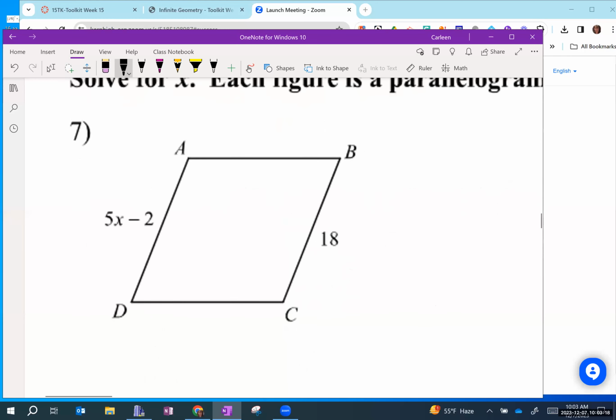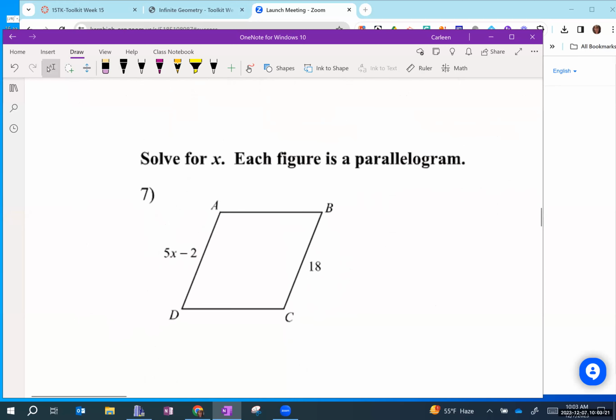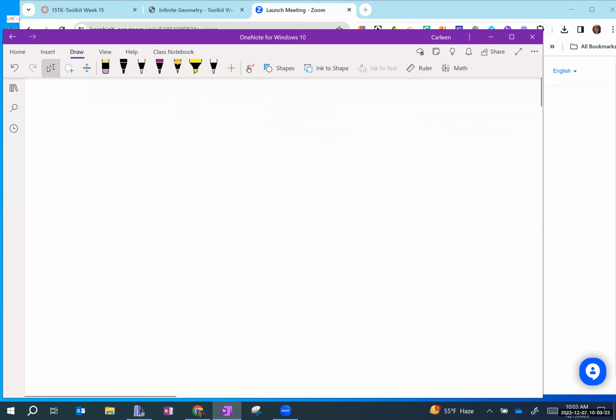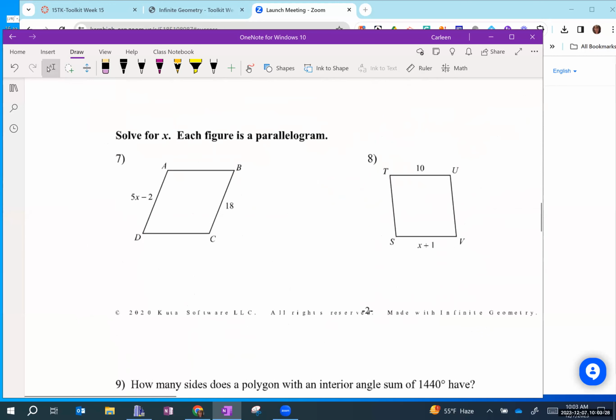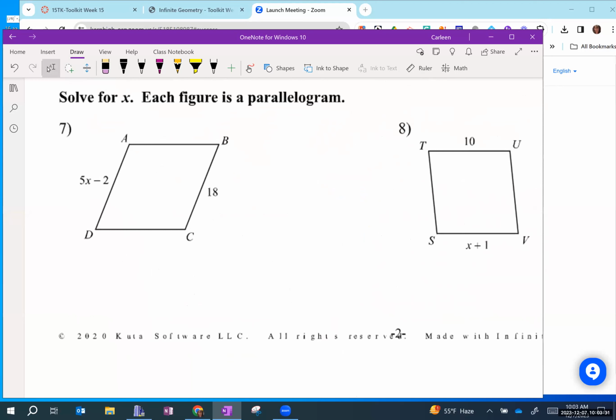Okay, next. Okay, so we're going to solve and justify. If it's a parallelogram, then opposite. Okay, what are we talking about here? Those are sides or angles? Sides.